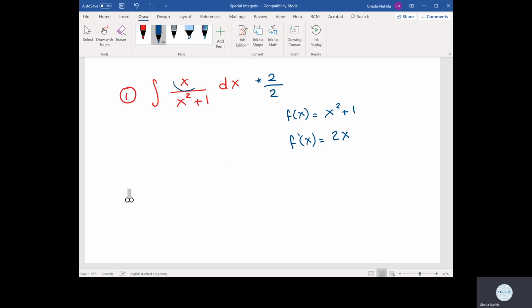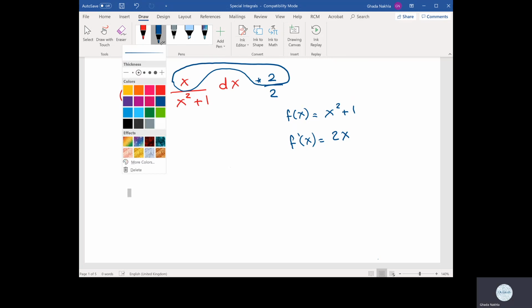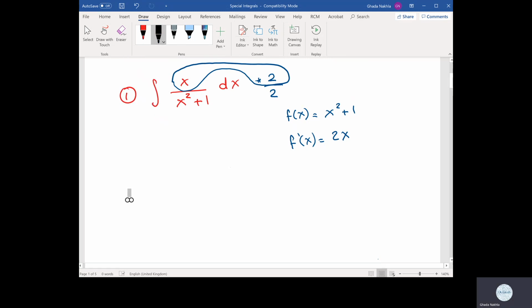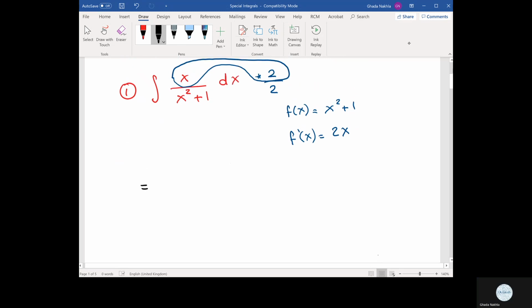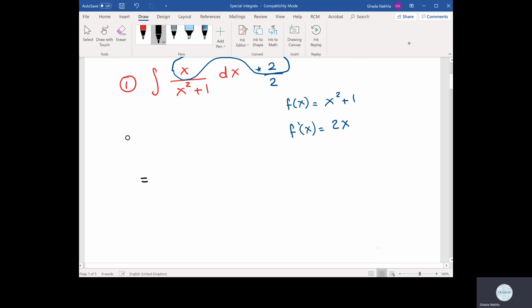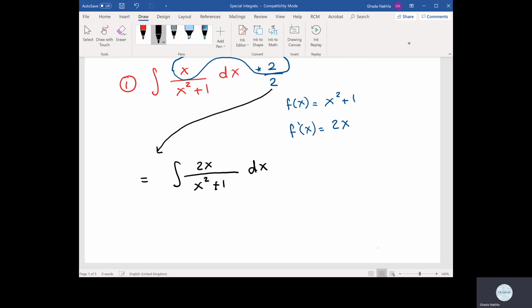So now I have the numerator as 2x. So I am integrating 2x as the numerator divided by x squared plus 1 dx, and this 2 will come out here as a half.